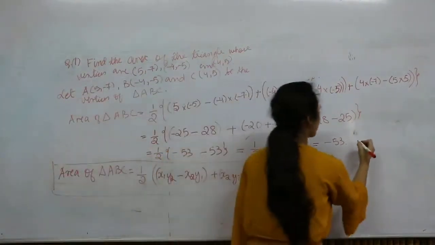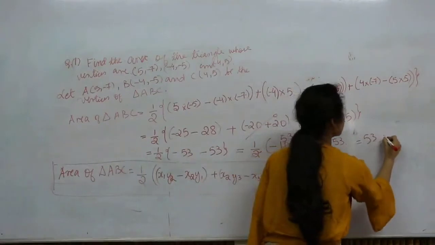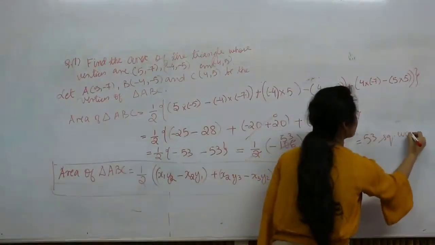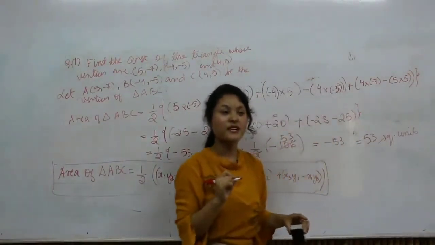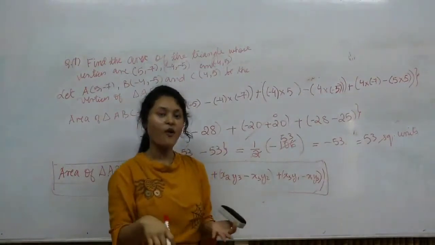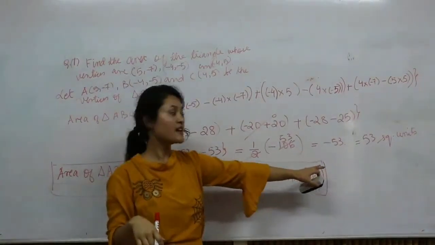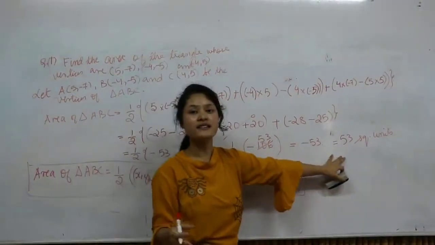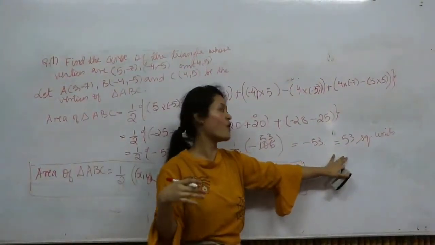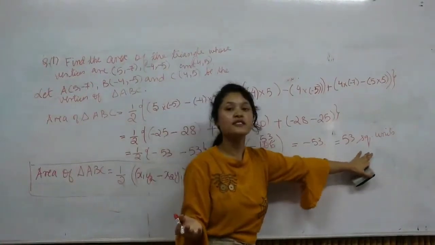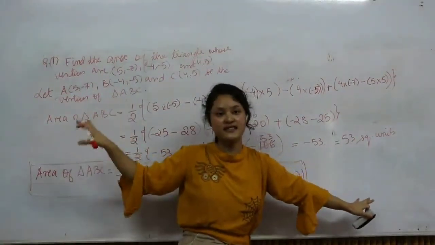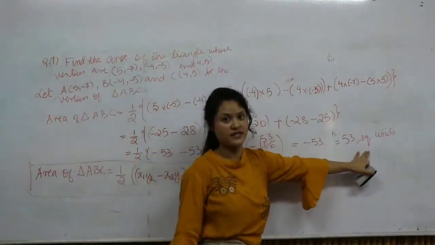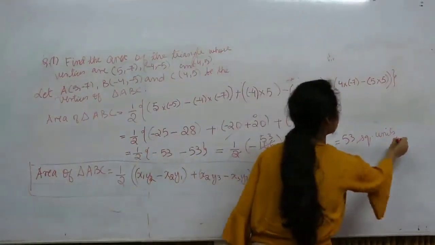The answer will be 53 square units. Why square units? Because it can be in centimeter or in meter. So being a square, the unit of a square is centimeter square or meter square, but we don't know in which unit this is given. So we just write square units. So this is the answer.